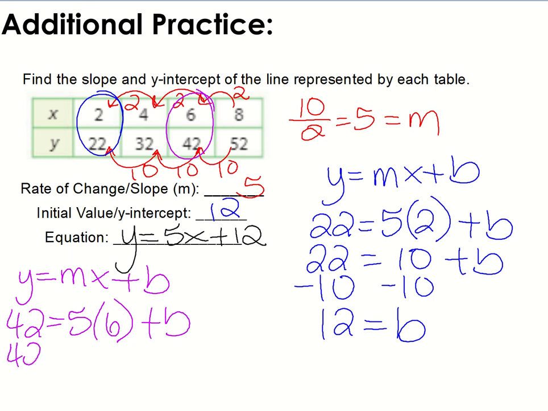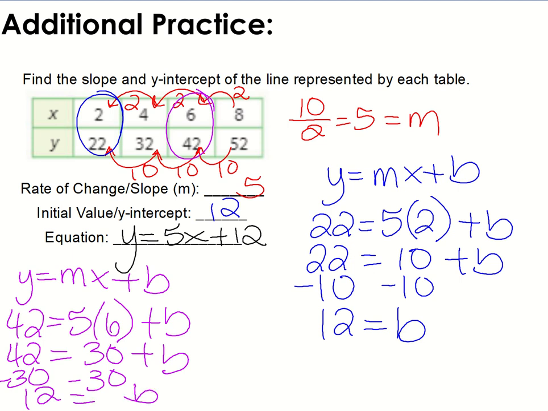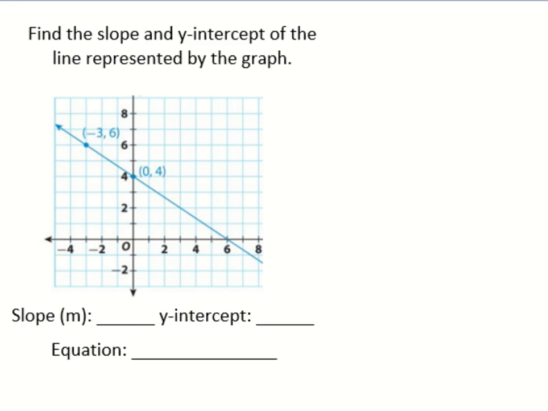I get 42 equals 30 plus b, minus 30. And look at that, I still get 12. So I just want to prove to you that it doesn't matter which point you used, you will always get the same thing.